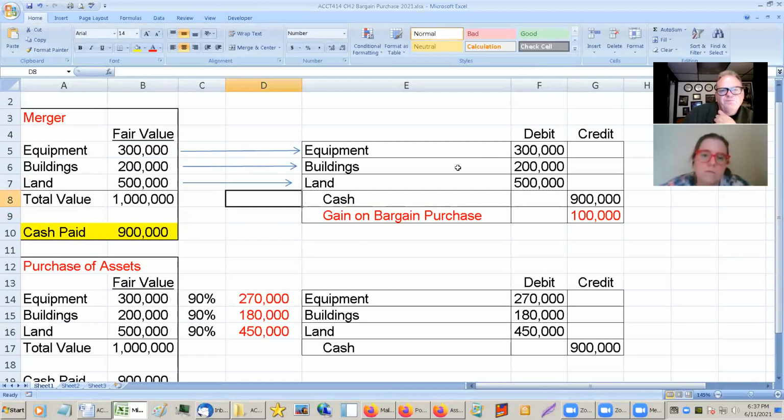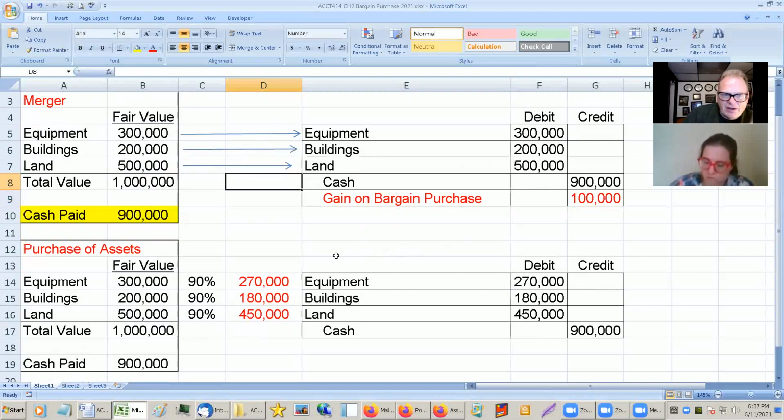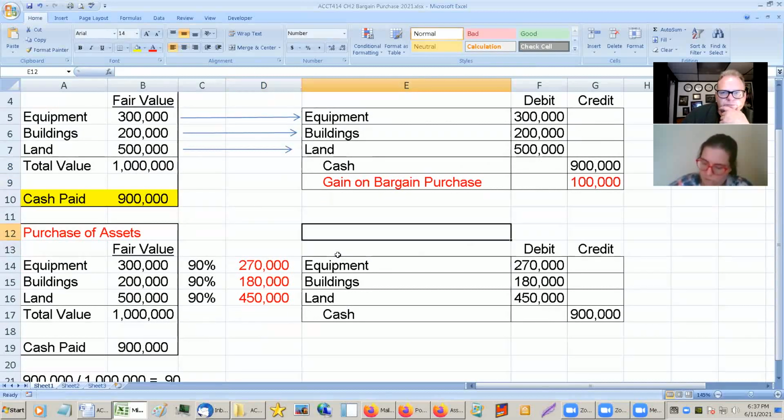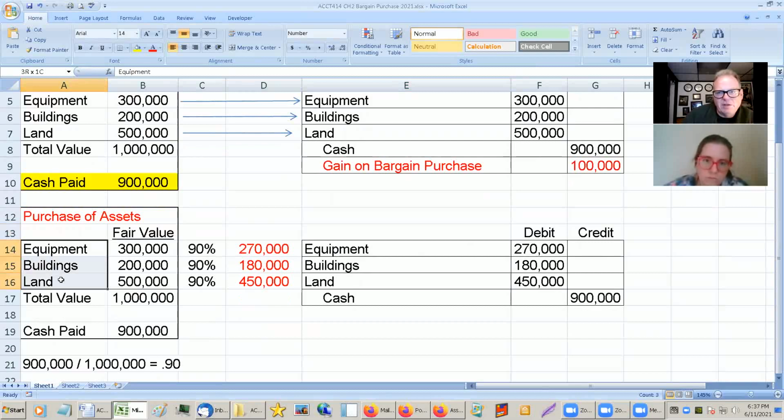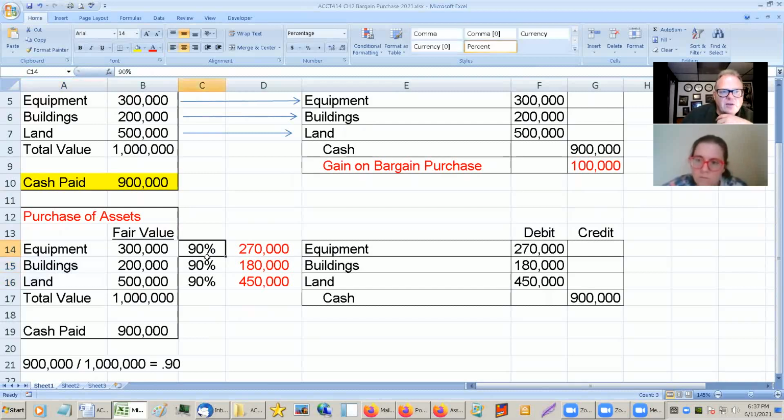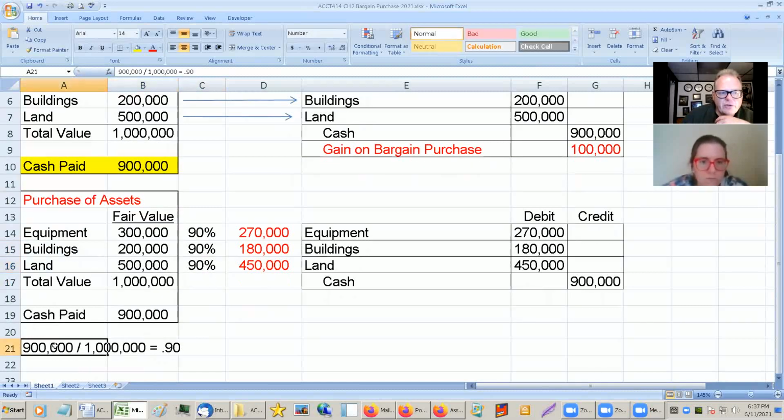The fair value is your bargain purchase. Now here is the weird thing. If it's not a merger, if you're just buying assets from some other company, you actually will allocate different amounts based on how much you paid.